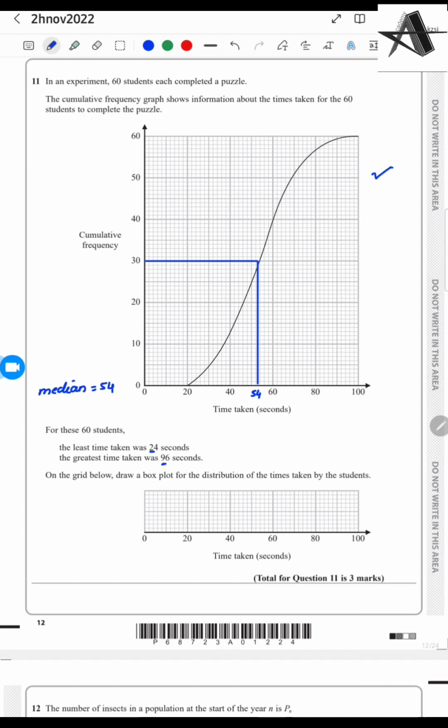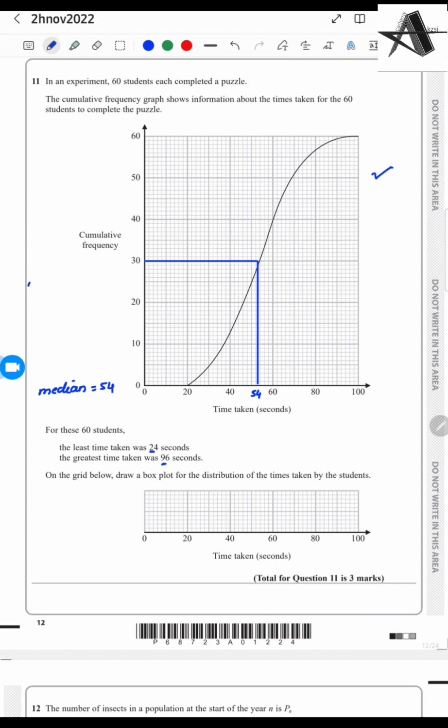Next is to get the lower quartile. Quartiles means the quarters. Just like the median is the middle value, similarly quartiles are the quarters of the values. That means if you want to find the lower quartile, it should be 1/4 of the cumulative frequency. Cumulative frequency is 60, so 1/4 of 60 is 15.